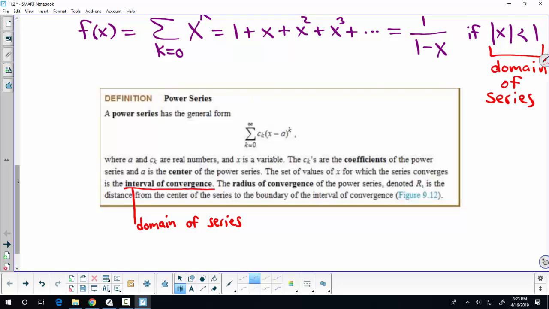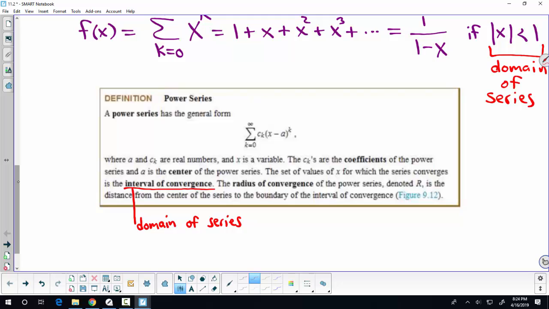As its name implies, you are looking at an interval. We'll see later as we go on, there's a certain number of cases. But the interval from -1 to 1, an interval from -infinity to infinity, whatever that interval is, is the domain of that series.